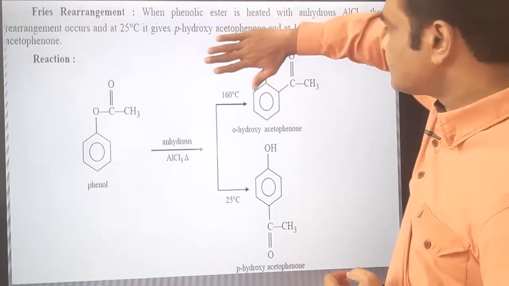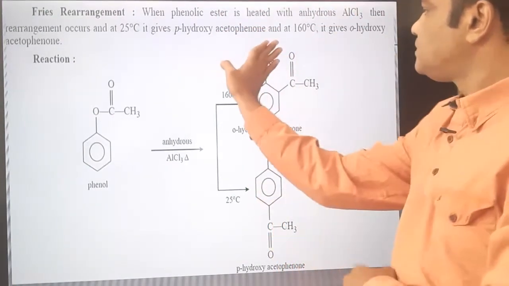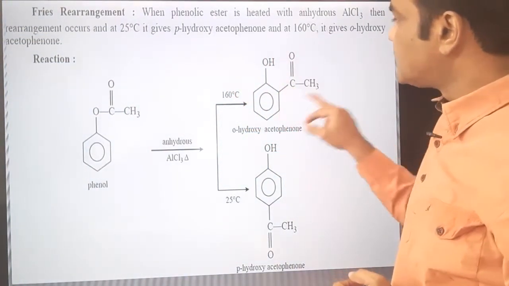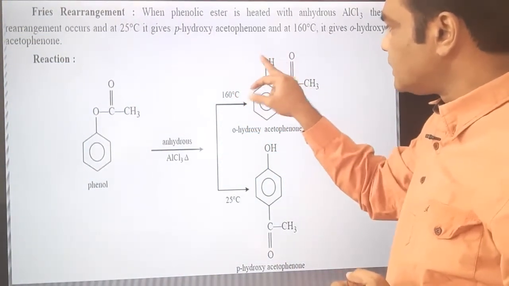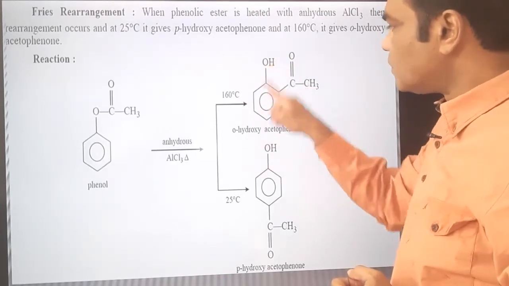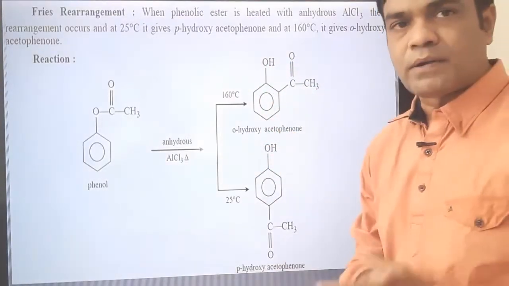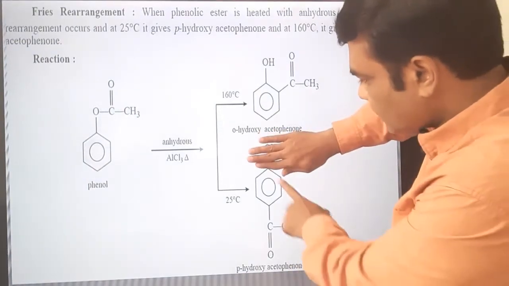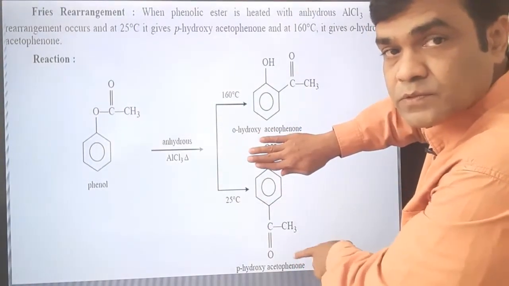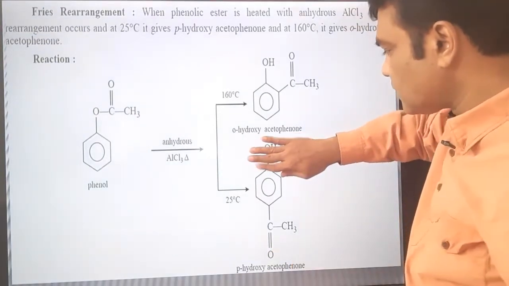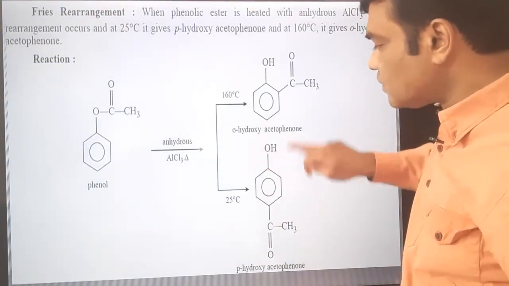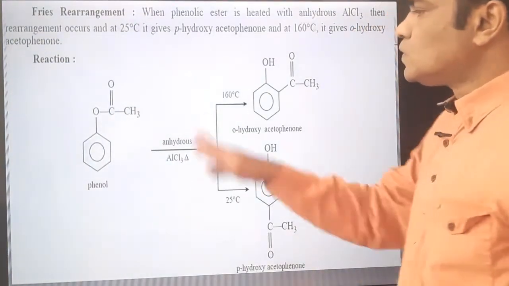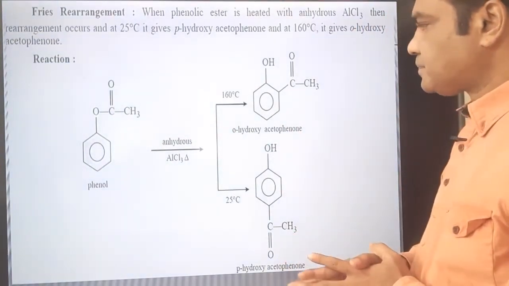Look here, this is acetophenone, and at the ortho position of this acetyl group there is a hydroxy group, that's why it is called ortho-hydroxyacetophenone. When a benzene ring is attached to C double bond O CH3 it is called acetophenone. At the para position a hydroxy group is there, that's why it is called para-hydroxyacetophenone. So two different products are obtained.